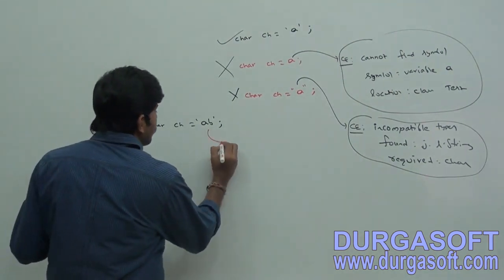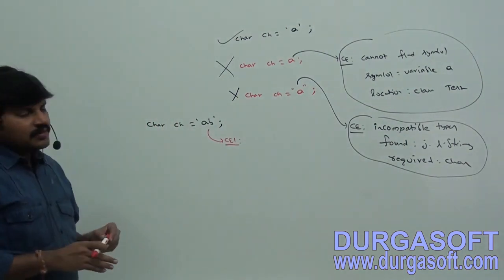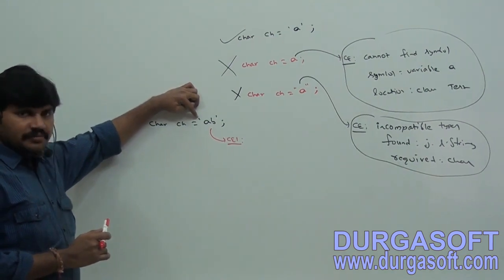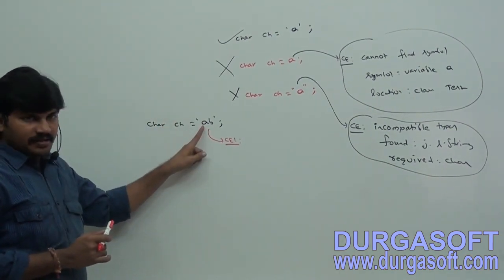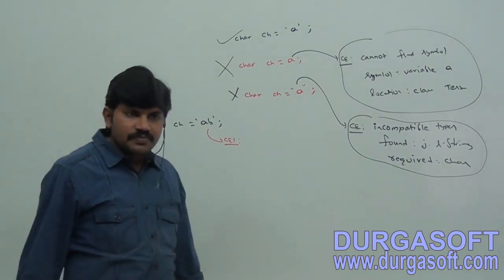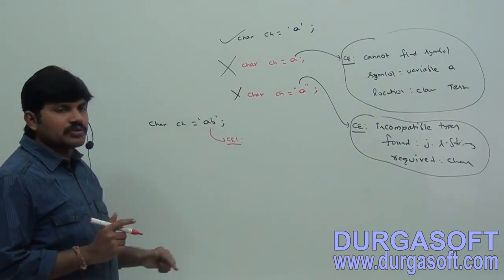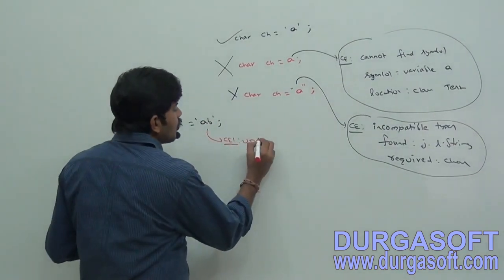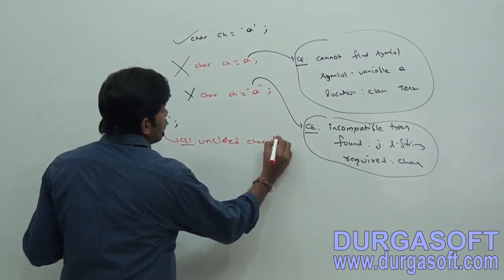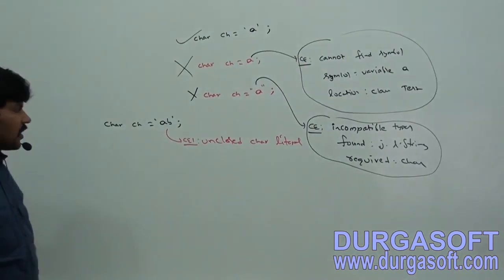Listen. Is the first single quote acceptable? Valid. And then the single character A, valid. After A, what is my expectation? A single quote. You didn't close it. That's why we get unclosed character literal as the compile time error.